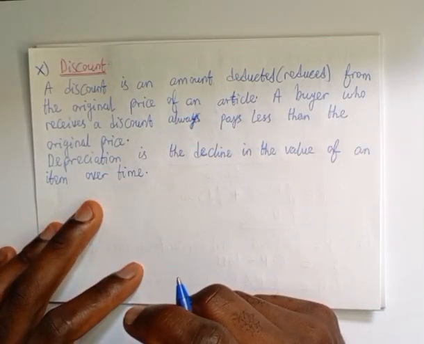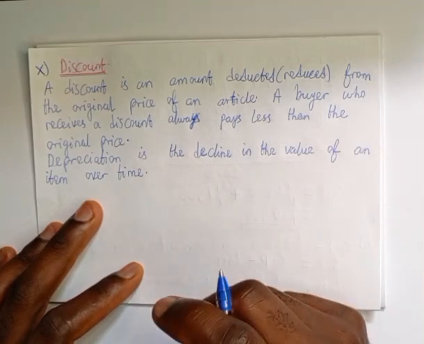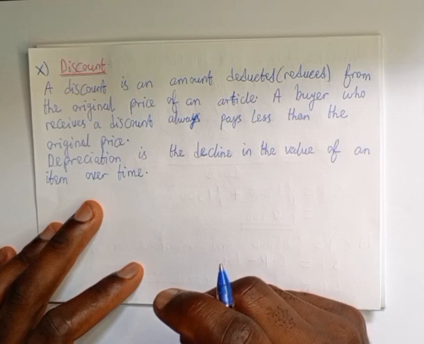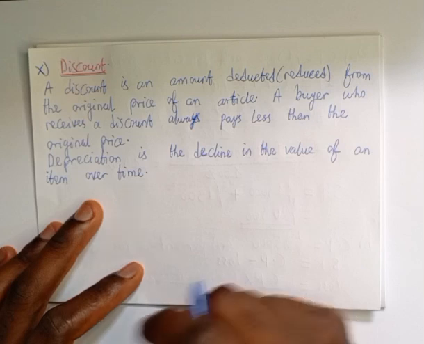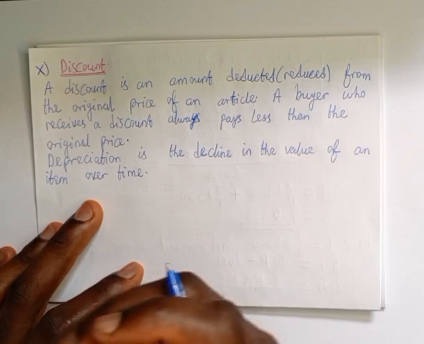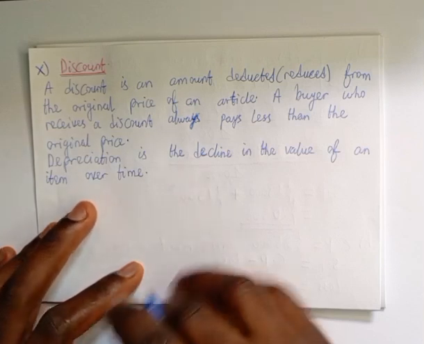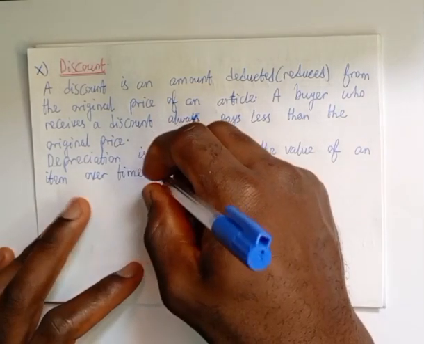Take for example a computer which was bought for $50,000 in the year 2020 will not worth the same price this year 2025, because with time the computer loses value. The value loss is known as depreciation.